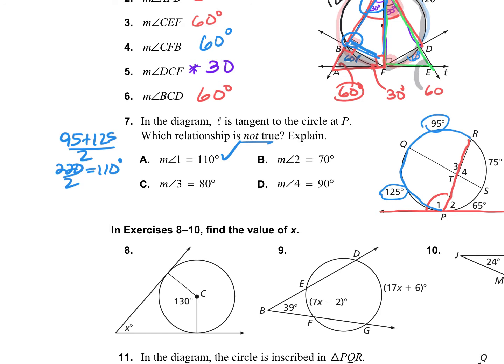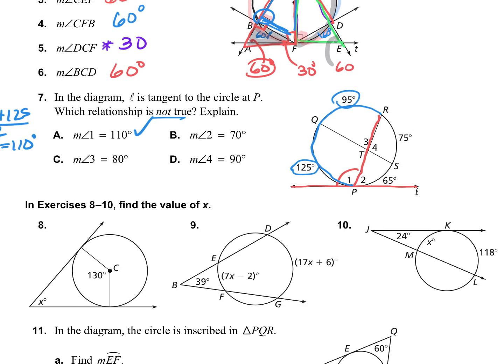Let's go ahead and look to figure out how we can find the measure of angle 2. Now, one quick way to find angle 2 is realize that this is a straight angle, this tangent, and 1 plus 2 is 180. So the fastest way to find 2 would be to take the angle I just found, angle 1, and then subtract it from 180, and angle 2 should be 70 degrees, which it is.